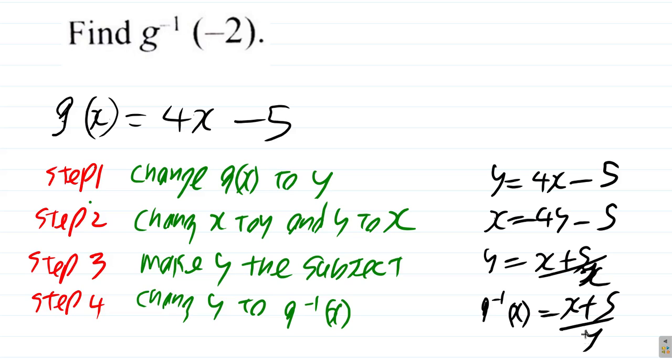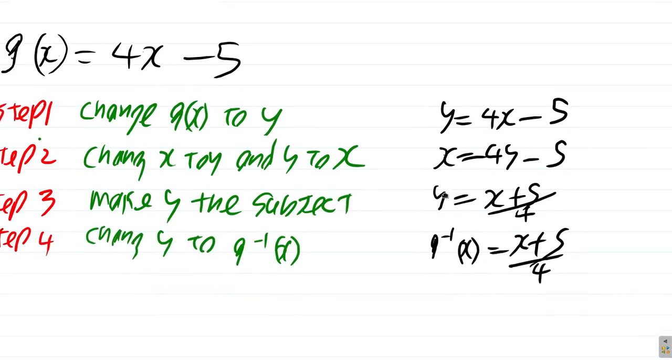This should have been x plus 5 over 4. What am I doing? Where did I get these things from?